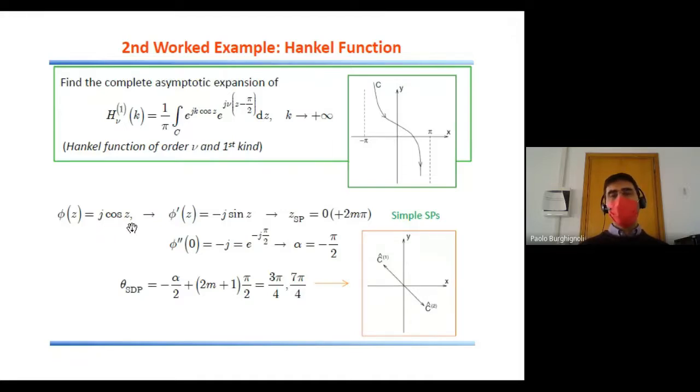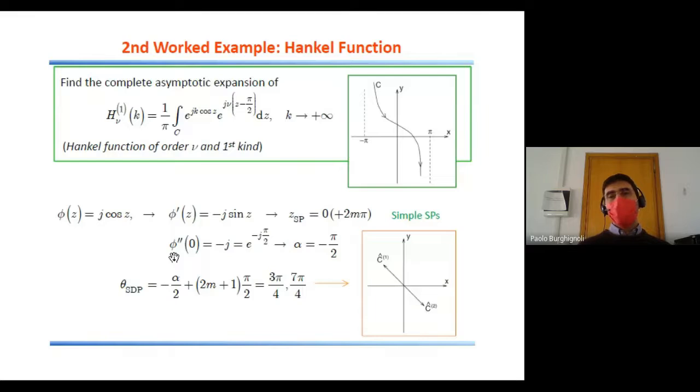To find the saddle points, let us find the first derivative, phi prime, which is given by minus j sine of z. And therefore, all the points that make the sine function 0 will be saddle points of first order. And in particular, those points are the origin and any integer multiple of 2 pi by the periodicity of the sine function. Since we are in the strip between minus pi and plus pi, we will address the origin as our saddle point. Okay.